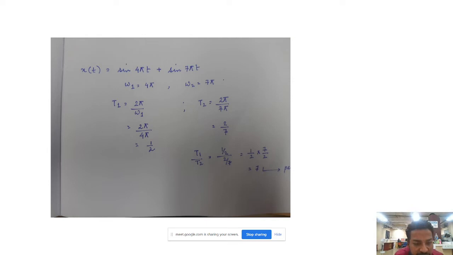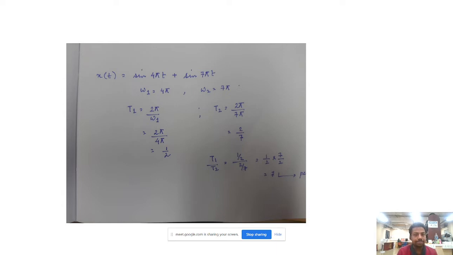So T1 is equal to twice pi by omega, and we have time period T1 is equal to 1 by 2. Similarly, we have T2 is equal to twice pi by 7 pi, so that's equal to 2 by 7. So the ratio T1 by T2 is equal to 7 by 4. So obviously it's a rational number and hence it's a periodic signal.